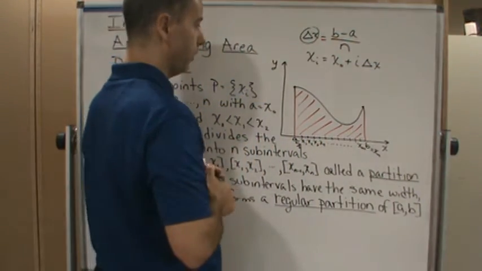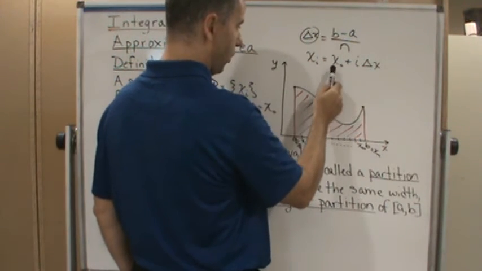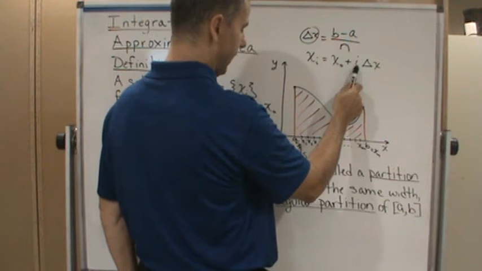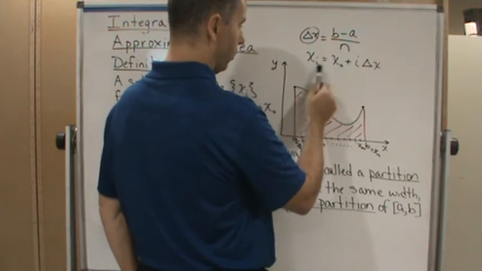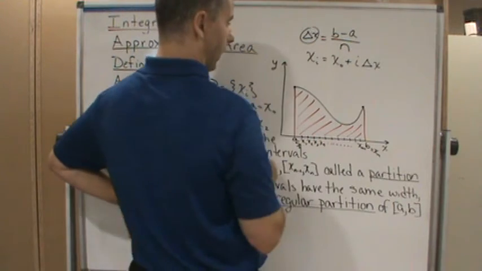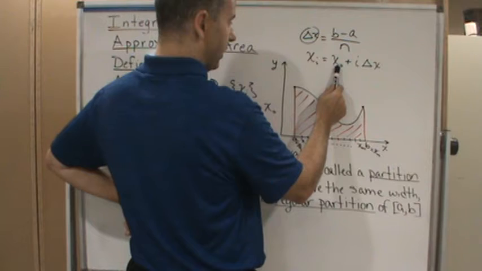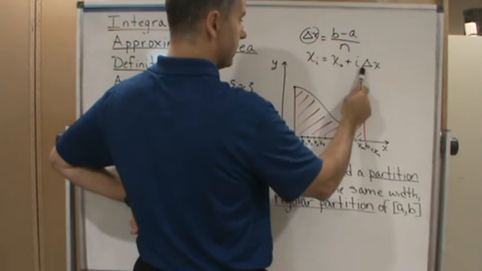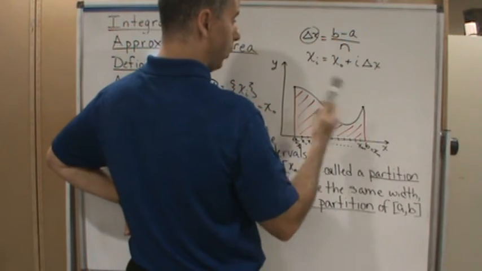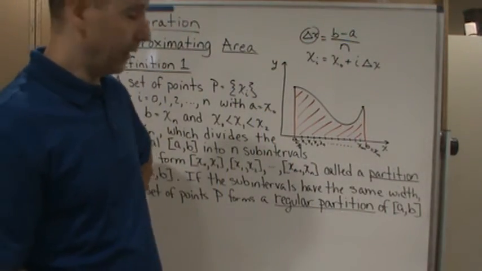Because remember, each width is delta x. So if I want x0, well, i is going to be 0, so it'll just be x0. If I want to find x1, it's going to be my starting point plus 1 delta x, so 1 width, and so on. So that's another useful formula.